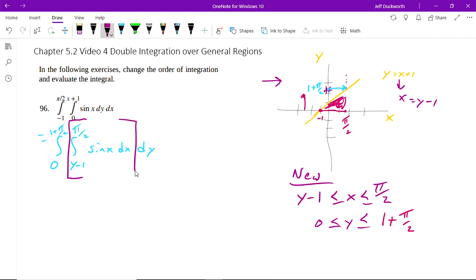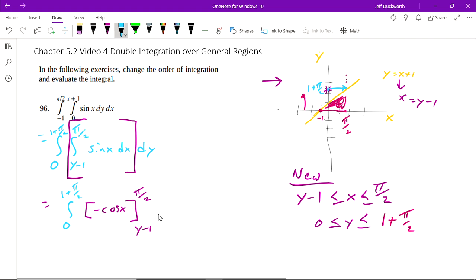I'm going to do the inner part here first. All right, so the integral of sine is going to be negative cosine. And that goes from y minus 1 to pi by 2.